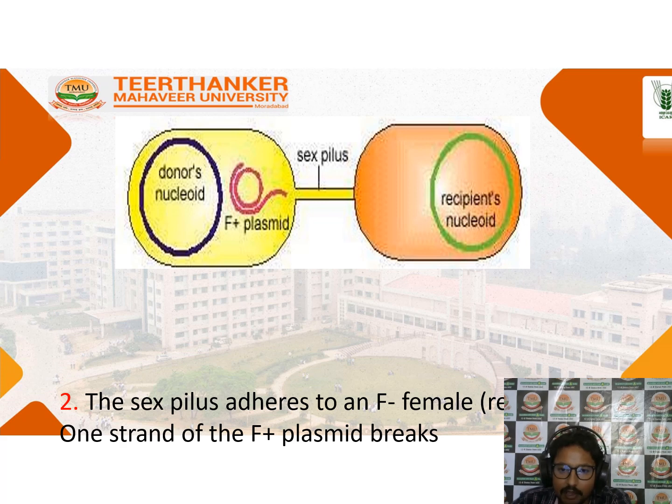In that process, one of the strands of the F plus plasmid nicks, and that one strand unwinds from the F plus plasmid, travels along the sex pilus tube and enters into the recipient bacterium.